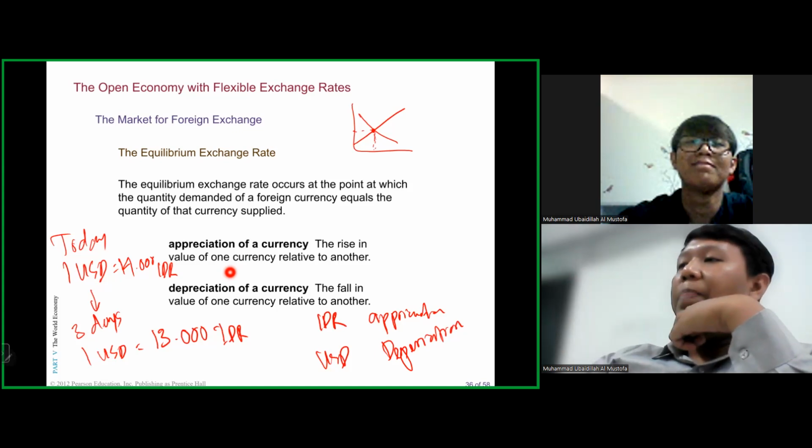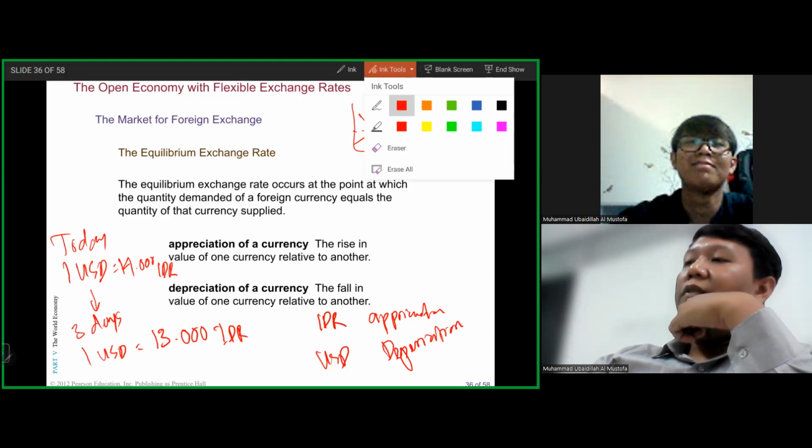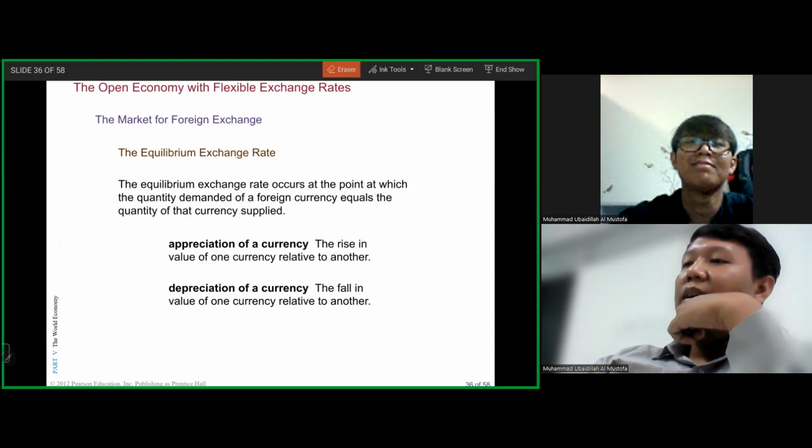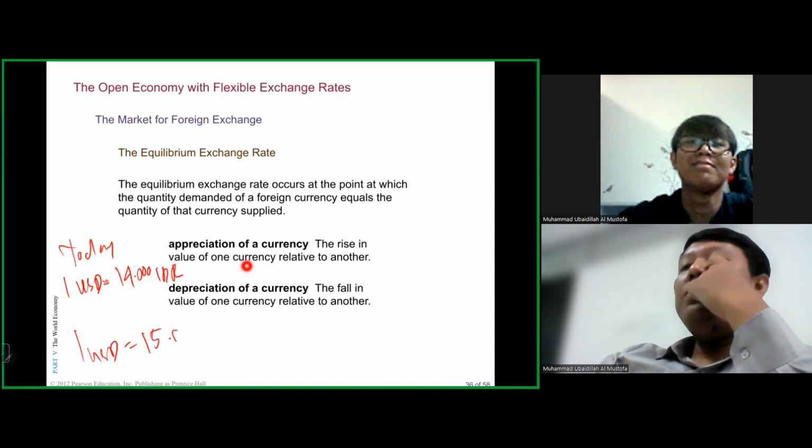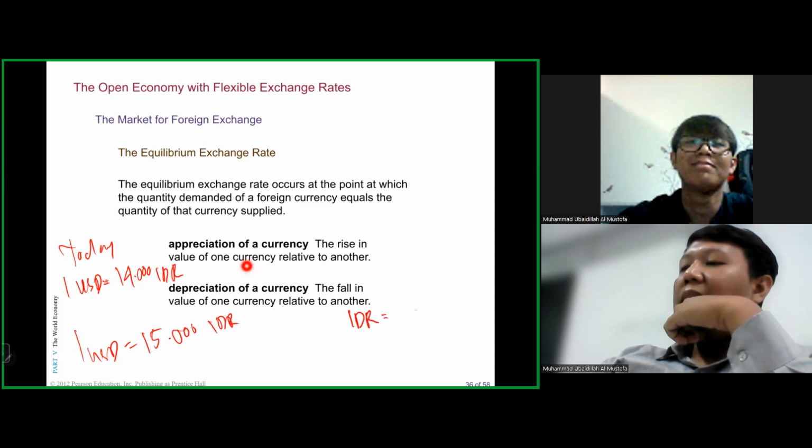Another example: let's say that today $1 equals 14,000 Indonesian rupiah, and after 3 days, $1 equals 15,000 Indonesian rupiah. In this case, the Indonesian rupiah depreciates in value, while the US dollar appreciates in value.